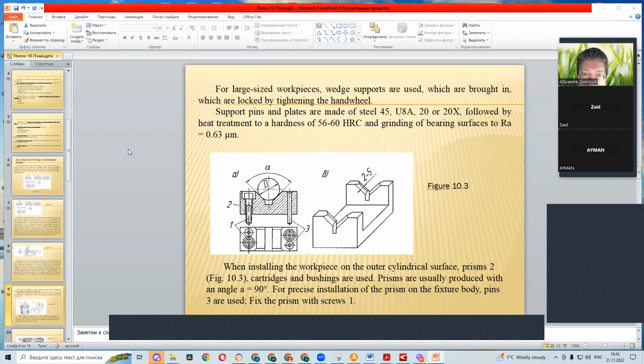Support pins and plates are made of steel 45, U8A, steel 20 or steel 20X, followed by heat treatment to a hardness of 56 to 60 HRC, and grinding of bearing surfaces to Ra 0.63 micrometers.